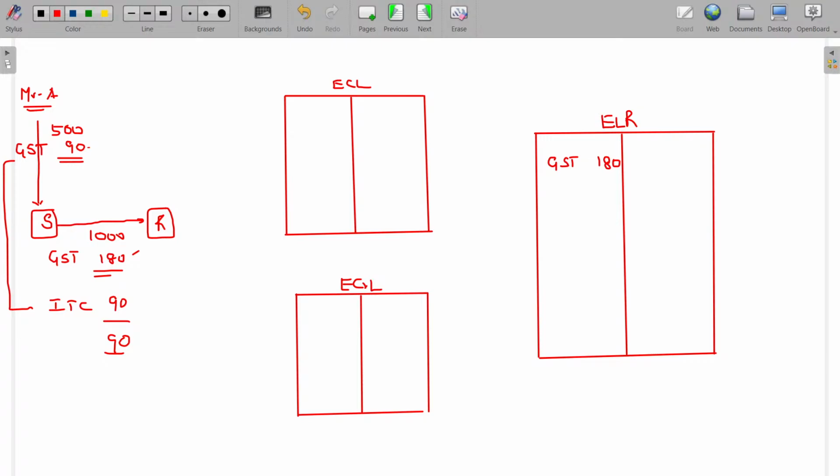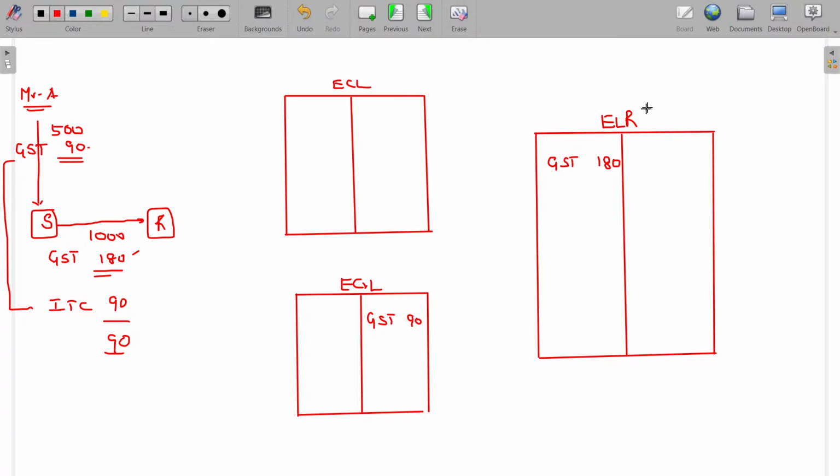Automatically it gets credited to his own electronic credit ledger here, GST ITC 90 rupees. Now, what is the journal entry for this? Electronic liability register, for this party has to pay the amount. Supplier's account debit to GST receivable. That's how the government says. And this one is GST account to supplier's account. So GST is payable to the government. That's how it is.